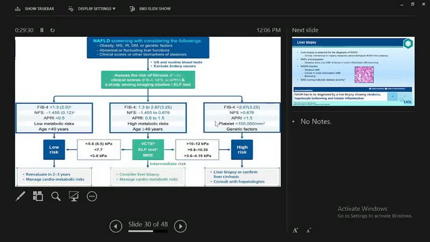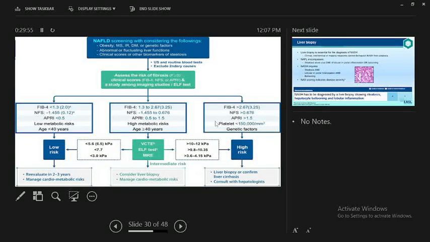If the FIB-4 score is 1.3 to 6.27 with high metabolic risk, or age is more than 40, you have to go ahead with either MRE if possible, or elastography, transient elastography. If the elastography score is less than 7.7, again it is low risk.